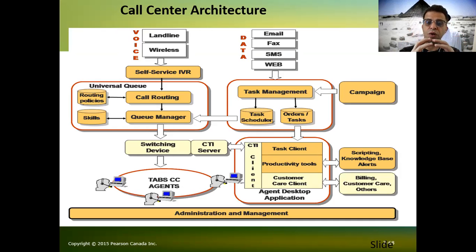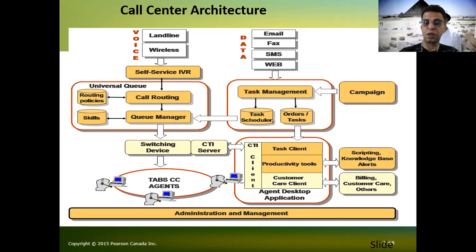Telcos also have call centers that divide the campaign, the administration, and the management. The campaign or administration request could come in by landline, wireless, email, fax, SMS, or web. These are all requests.